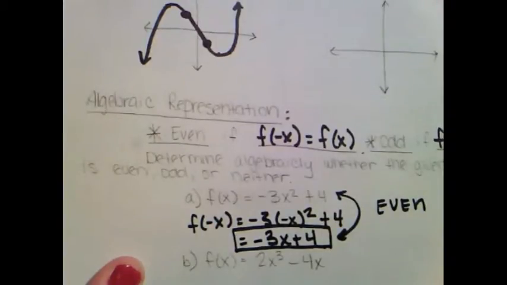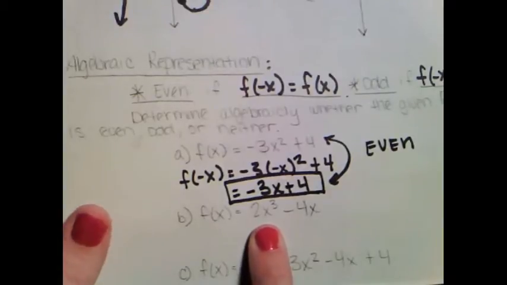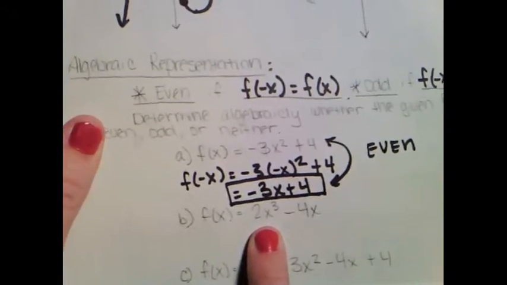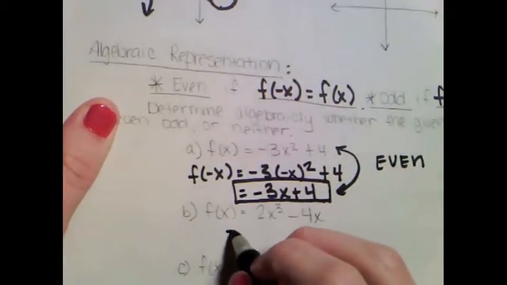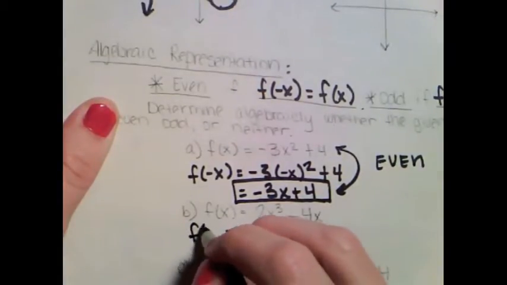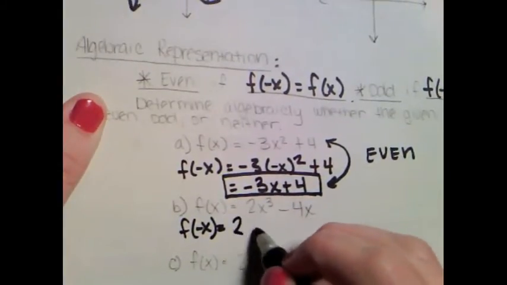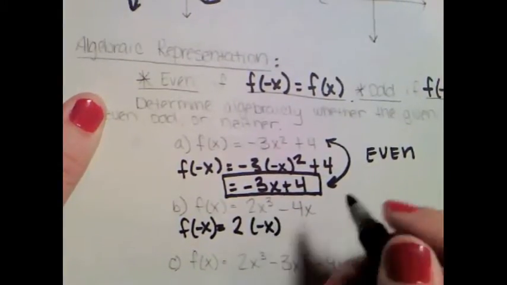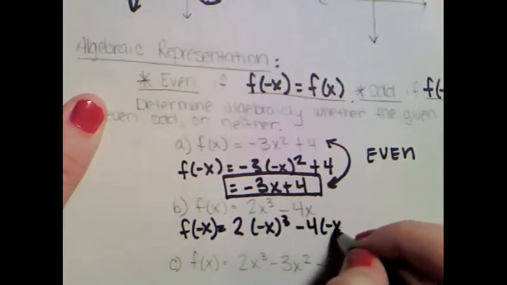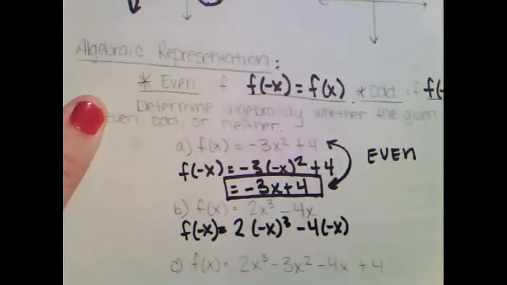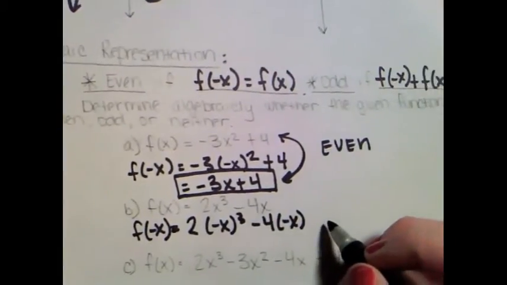Now let's see what happens when we plug a negative x in to our function letter B. So we're going to find f of negative x. Everywhere there's an x in our function, we're going to plug in a negative x. And then we're going to simplify this. I'm going to write this over here to the side.